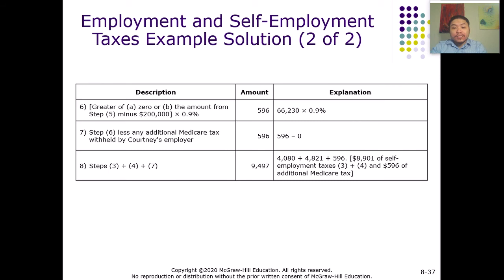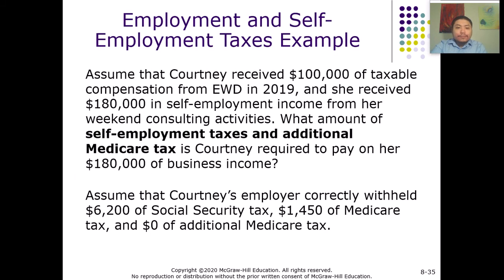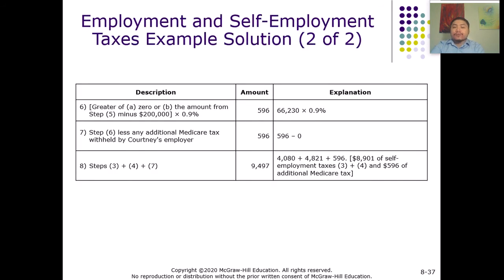But in this case, there's $0 additional Medicare tax withheld from her paycheck by her employer. So in this case, that's 0. The reason we take out the additional Medicare tax withheld by employers is because we don't want to ask taxpayers to pay for that again.